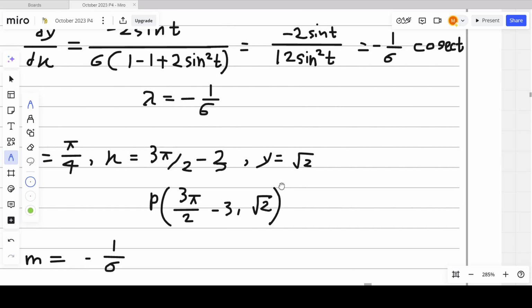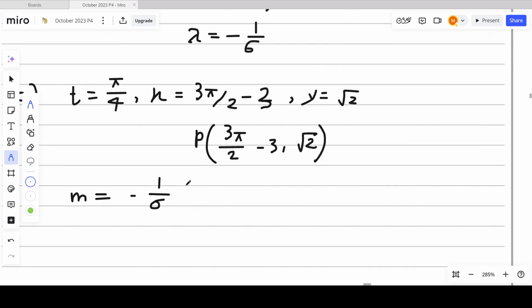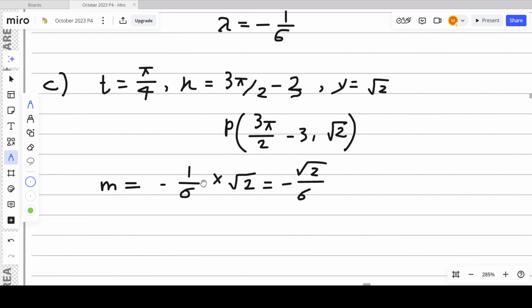So cosec pi over 4, which is basically 1 over sine pi over 4, that is 1 over square root of 2, that is square root of 2. So that means negative 1 over 6 times square root of 2. The gradient would be negative square root of 2 over 6. That's the gradient of the tangent.